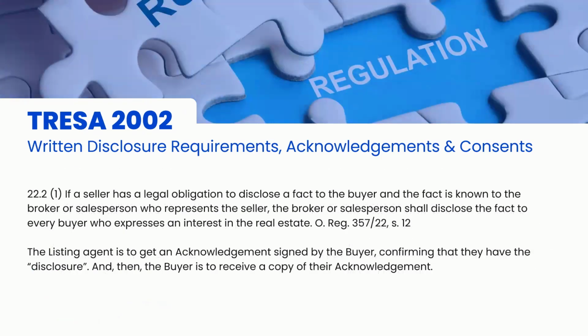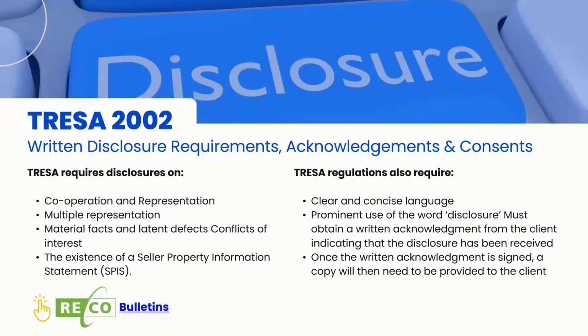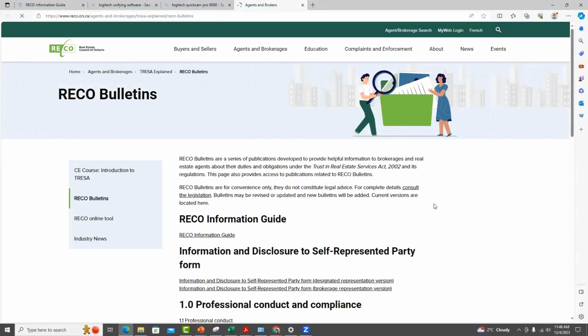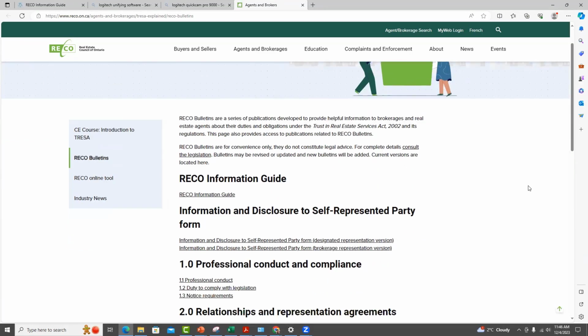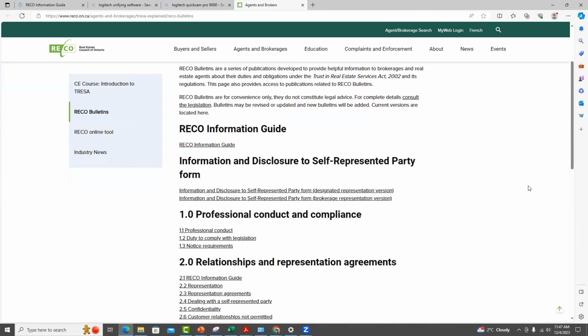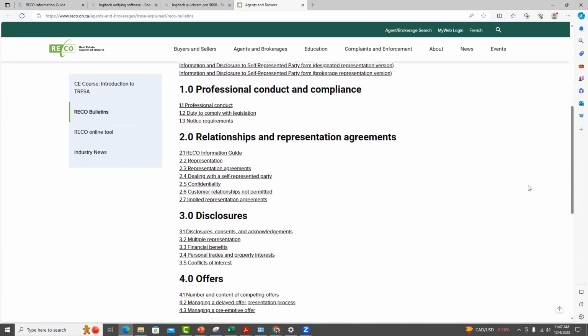Trevor, yes, if you could just pop back to that slide where you said there is the link to the bulletins. If you wouldn't mind just clicking that, yeah. One of the things that I liked about looking at the new bulletins that they've come out with as of December 1st, there was always so much confusion around latent, patent, defects, stigmatized properties.